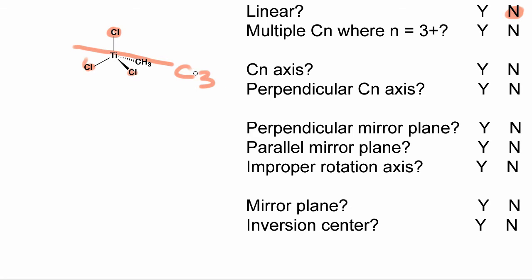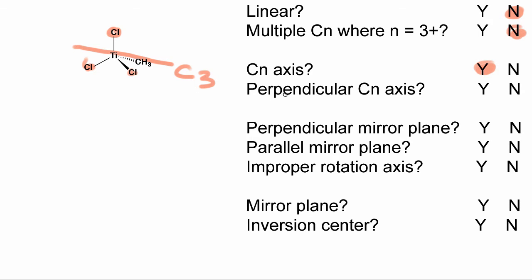Looking at the molecule, we have one C3 axis, but we don't have any more that are capable of providing equivalent positions. And so again, this is also no. The next question is, does it have a Cn axis? And we've already identified that we have a C3 axis that goes through the titanium methyl bond right here. So this is a yes.